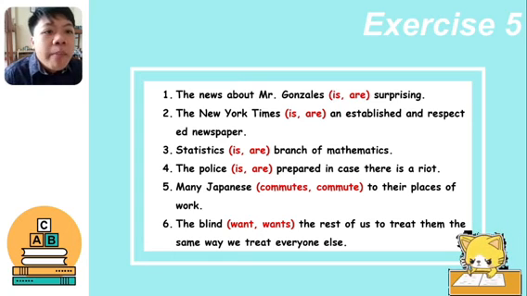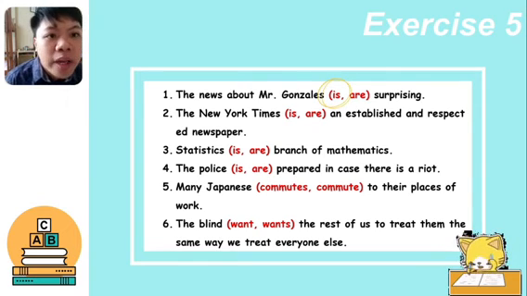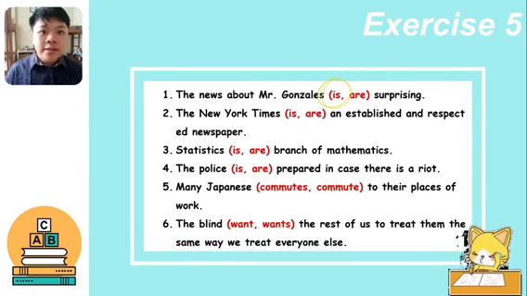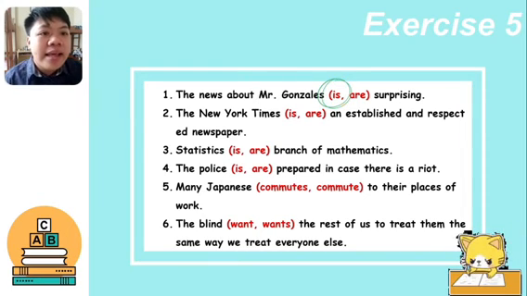The news about Mr. Gonzalez is or are surprising. The news is singular, so it is. Okay, the New York Times is or are an established and respected newspaper. New York Times is the name of a brand of newspaper, so if it is the name of a brand, it is considered singular.